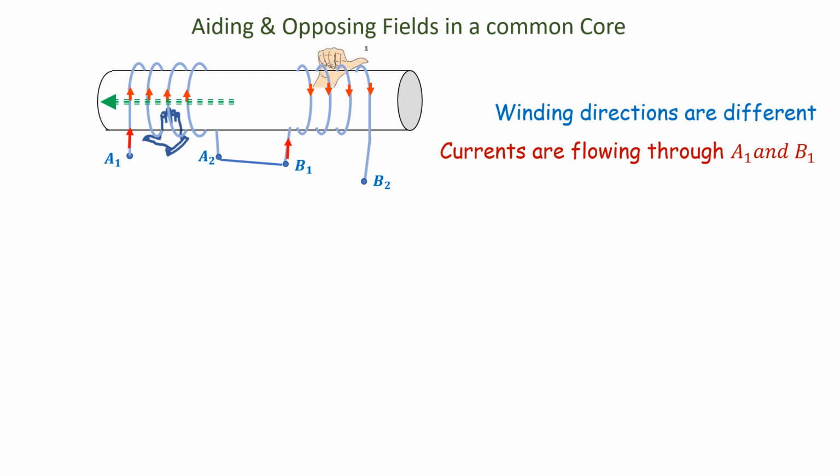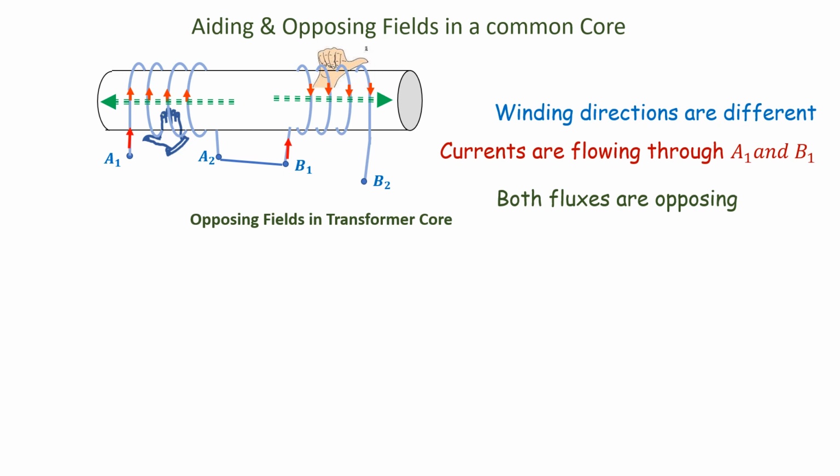Apply to coil 2, thumb is towards right, so coil 2 flux is towards right. So both fluxes are opposing.